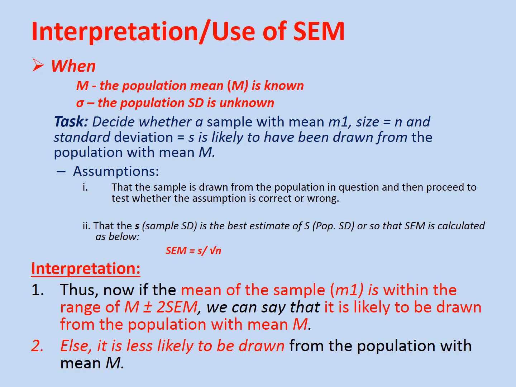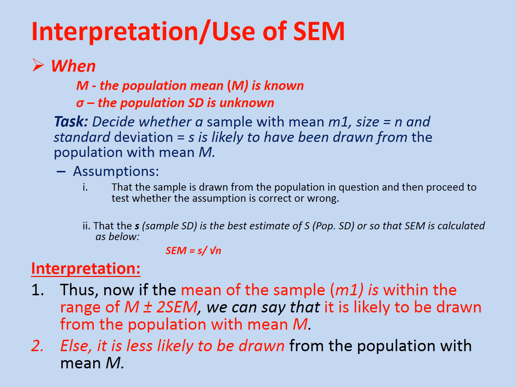But if the population standard deviation is unknown, and we just know the population mean, we can replace the population standard deviation with the sample standard deviation. So it is sample standard deviation, that is small s, divided by under root n.